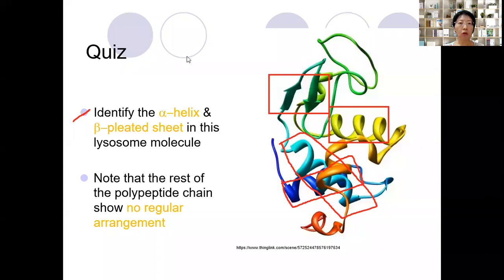Okay, so note that the rest of the polypeptide chain shows no regular arrangement like here. This is also a polypeptide chain, but there's no regular arrangement like here also. So the part with the regular coil and regular folding is alpha helix and beta-pleated sheet respectively. All right.